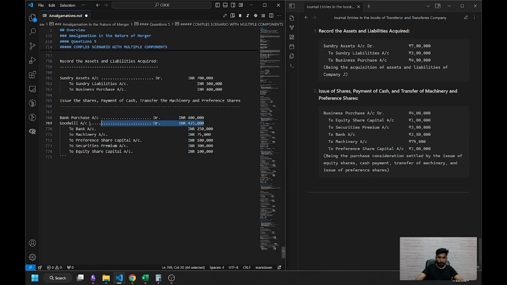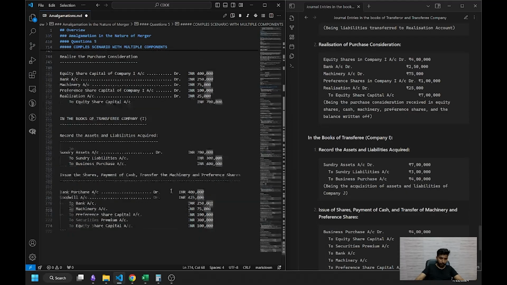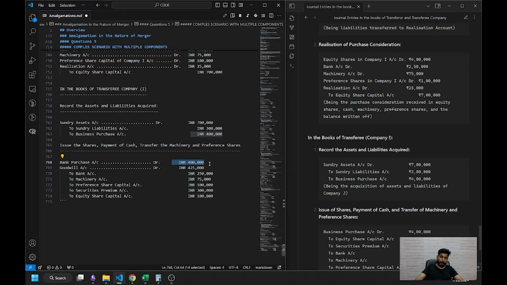This much goodwill it is bringing to the organization. Okay. So this is how the entries will be closed. If this amount had been less, and there had been a deficit, then the entry will be settled to capital reserve.